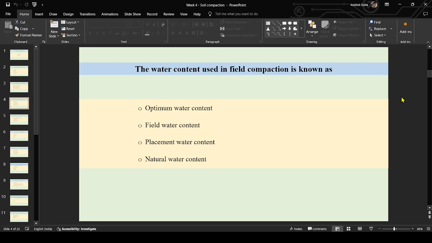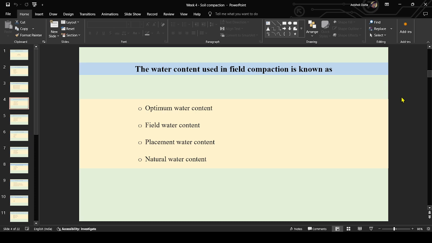The water content used in field compaction is known as. In this discussion session, you will find a lot of questions where I have asked about the actual terminologies.